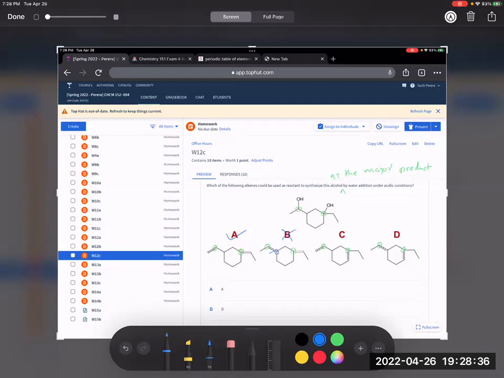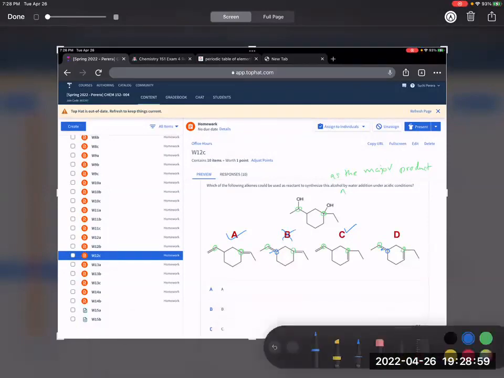C looks fine. C should work. D should not work because the major product of this double bond should be over here, because it's a tertiary carbon which is more stable than the secondary carbon. So if that is the case, A and C are the correct answers.